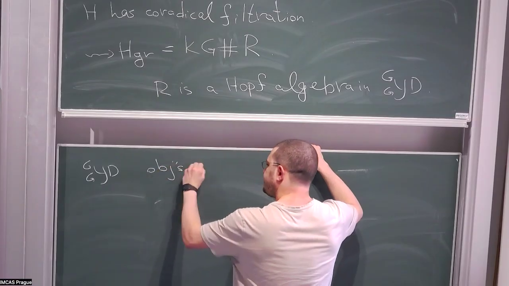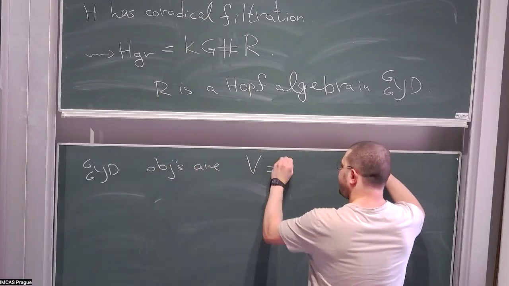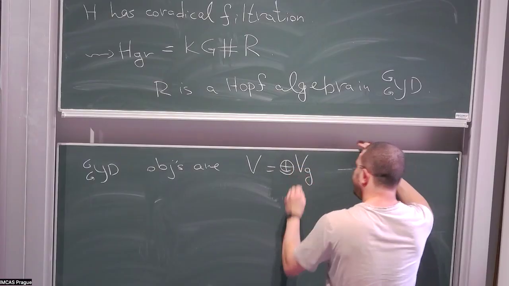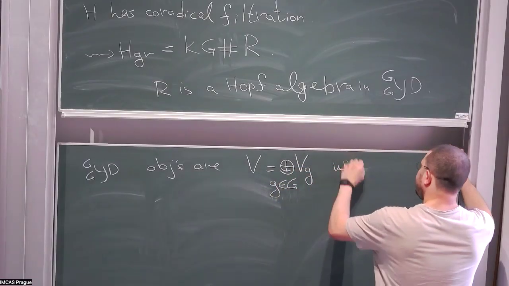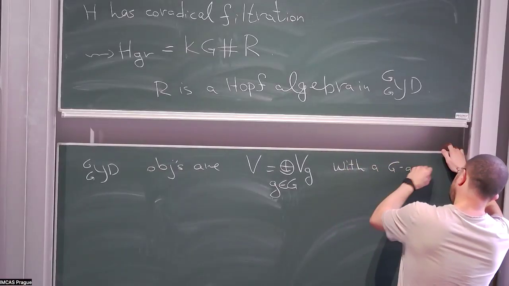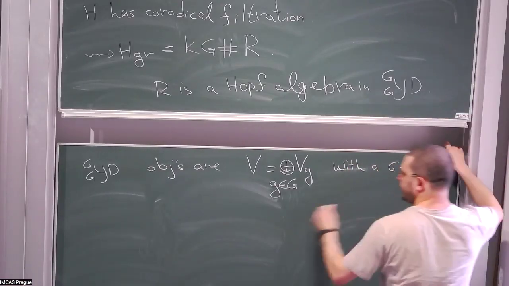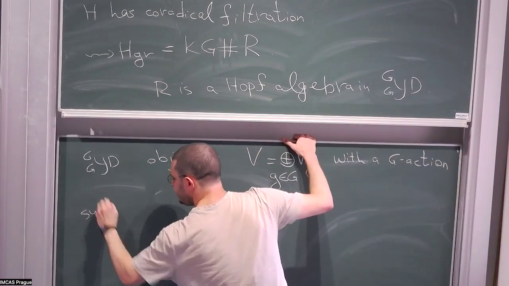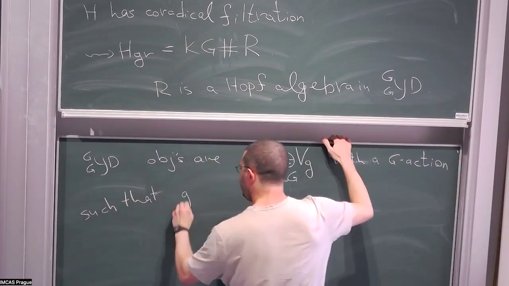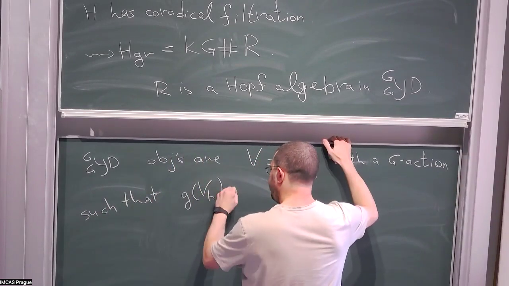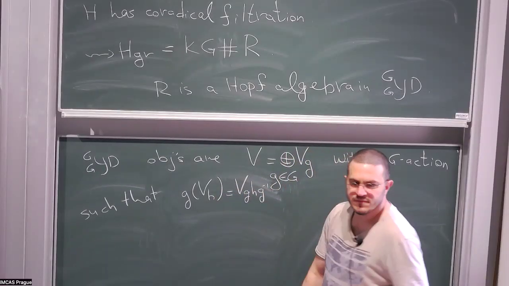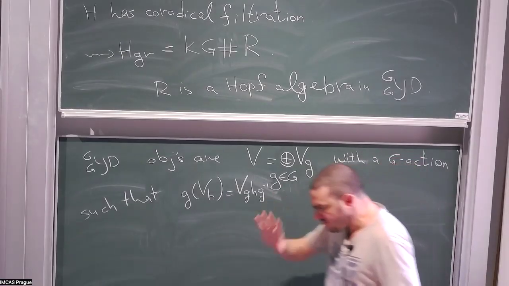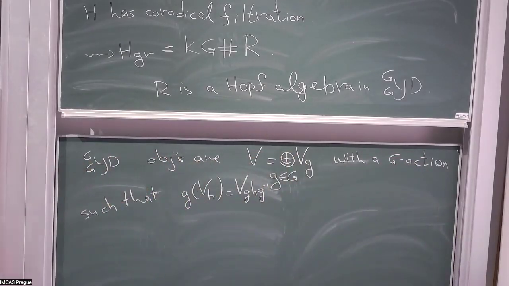Objects are vector spaces that are graded by the group G with a G action such that g of V_h is V_{ghg^{-1}}. So there is some kind of compatibility between the action and the coaction.